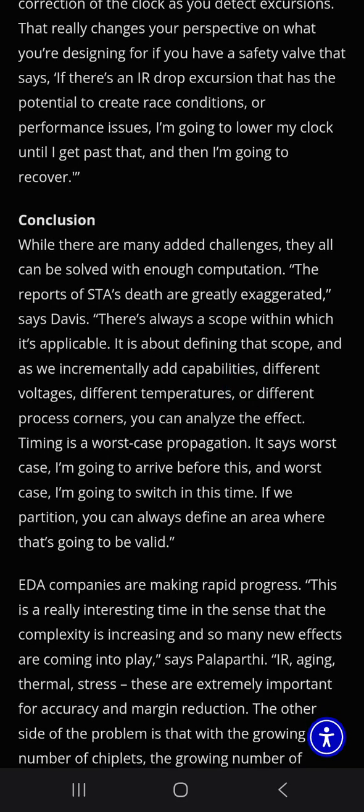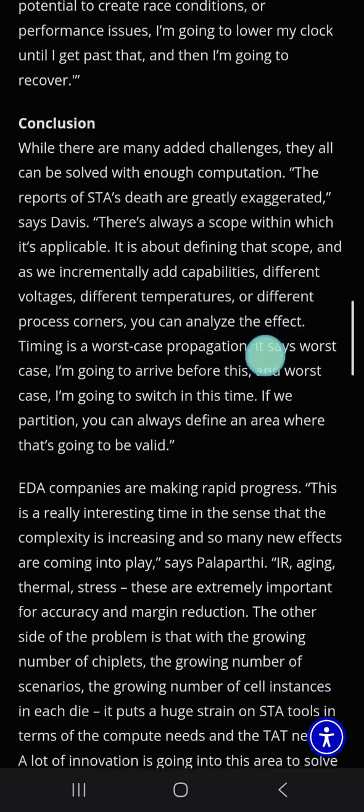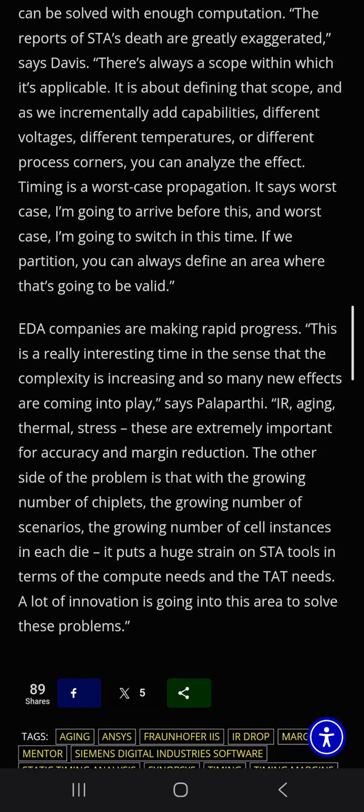It is about defining the scope, and as we incrementally add capability, different voltages, different temperatures, or different process corners, you can analyze the worst-case timing and propagation. You can always define an area that's going to be invalid and an area that's going to be valid.